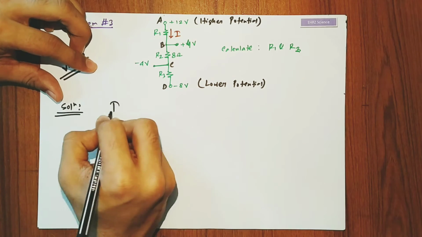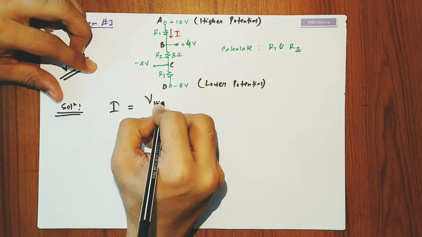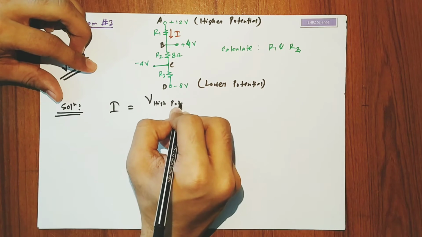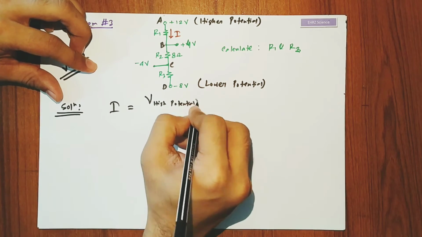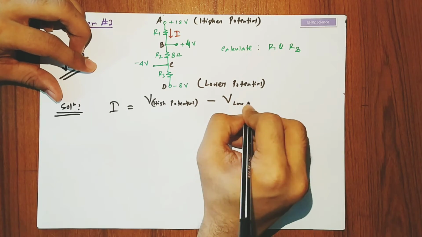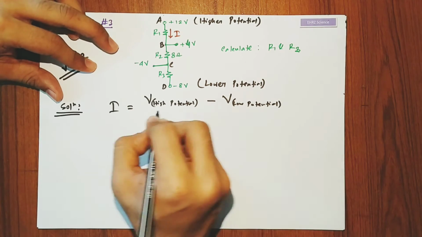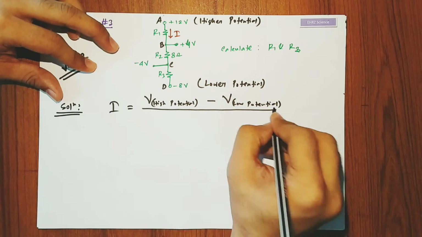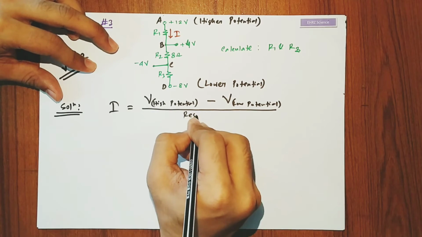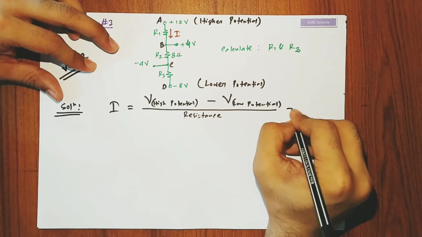We know that I is equal to V high potential minus V low potential, divided by resistance.